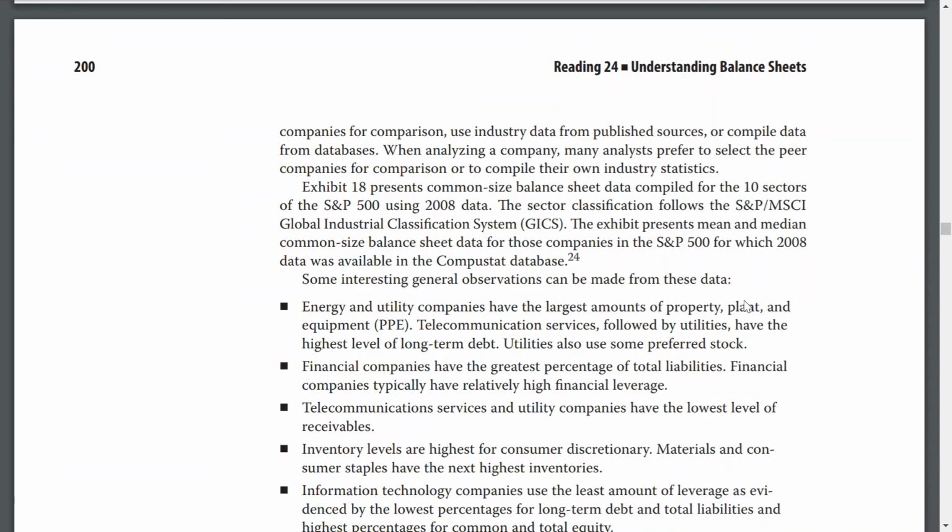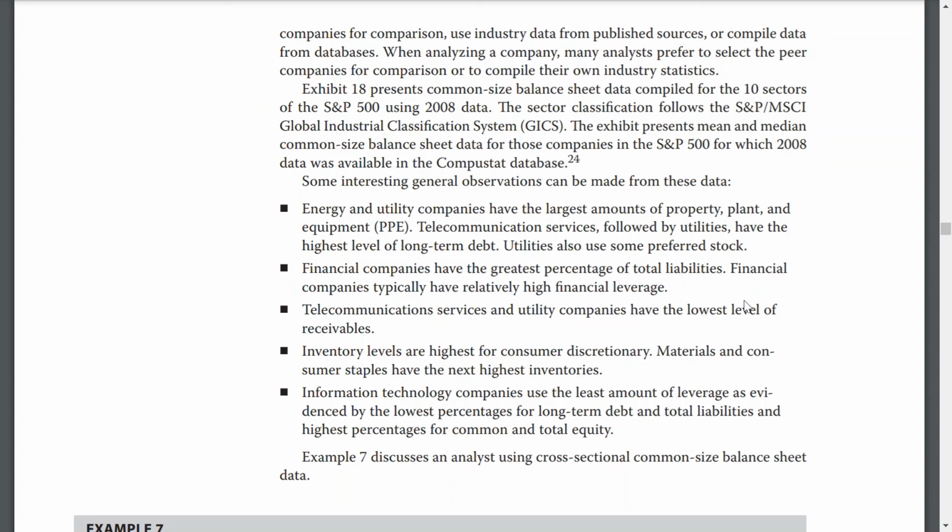The exhibit presents mean and median common size balance sheet data for those companies in the S&P 500 for which 2008 data was available in the Compustat database. Some interesting general observations can be made from these data.